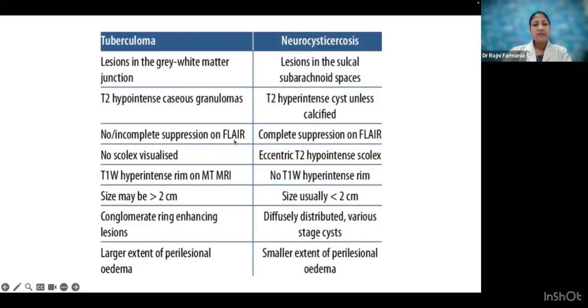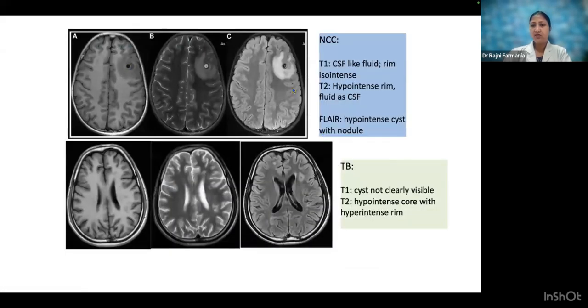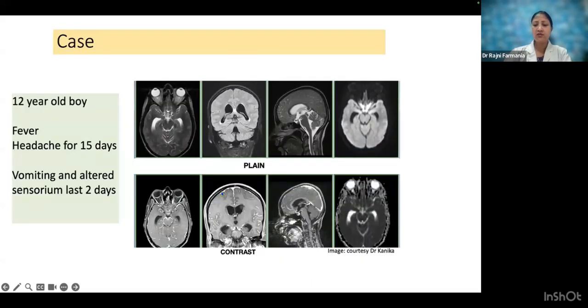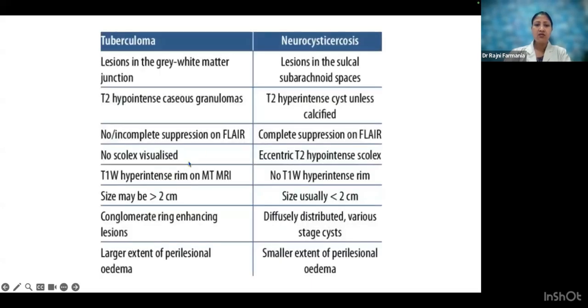No or incomplete suppression on FLAIR in TB, and NCC has complete suppression on FLAIR. So this was a FLAIR image, complete suppression. So you can see suppression of the core that is seen in NCC, and it is not a complete suppression in TB. Scolex is seen in NCC, and it is not in TB. So size also sometimes gives an idea, conglomerate lesion, and additional findings. If you have meningeal enhancement around, obviously you'll go ahead with tuberculosis. And then finally, this has to be correlated clinically also.